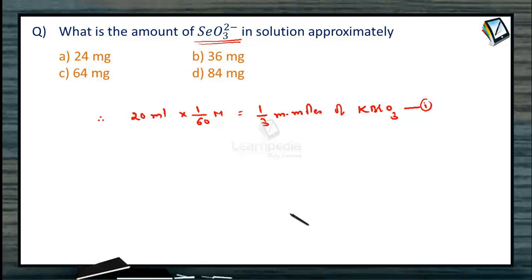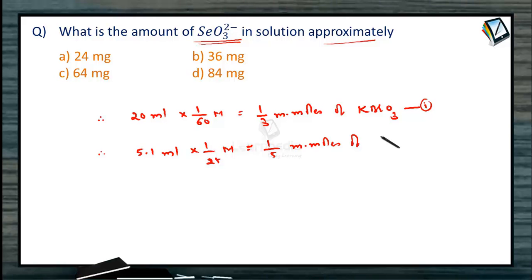For this purpose, 5.1 ml of M/25 sodium arsenite is required. Since the question is approximate, let us take this as nearly 5 ml. So 5 ml into 1/25 is 1/5 millimoles approximately.